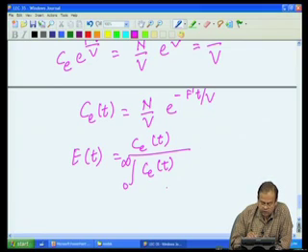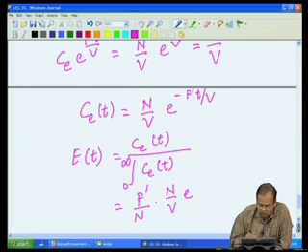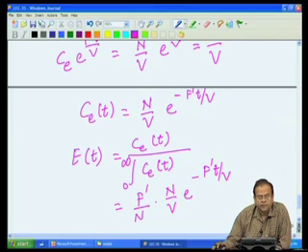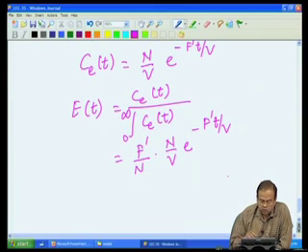Integral 0 to infinity C e of t times F prime is nothing but the amount that we have put in. We get this is nothing but F prime by n, or our C naught, into n by V e raised to minus F prime t by V, which after cancelling this, what is F prime by V?